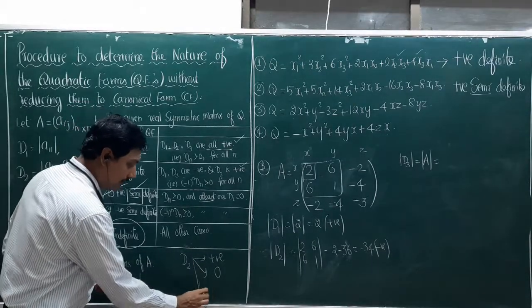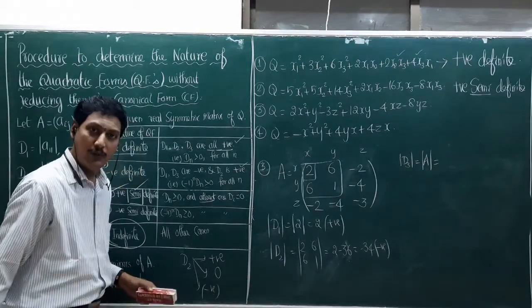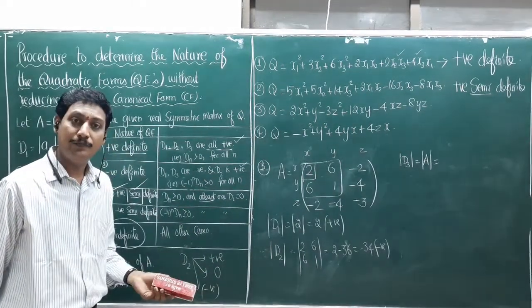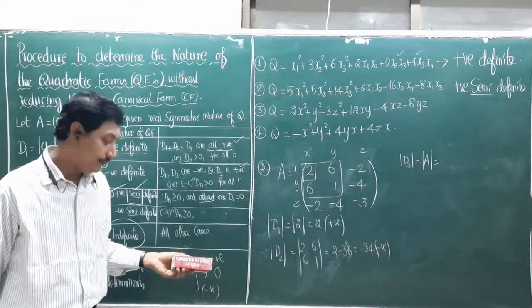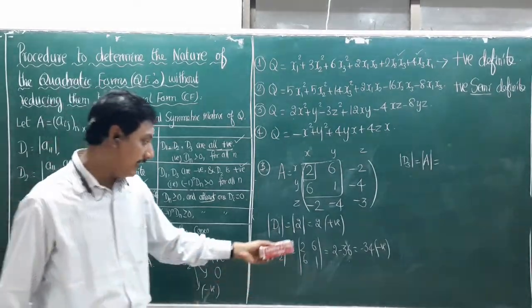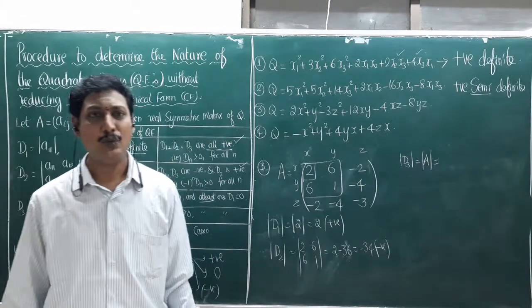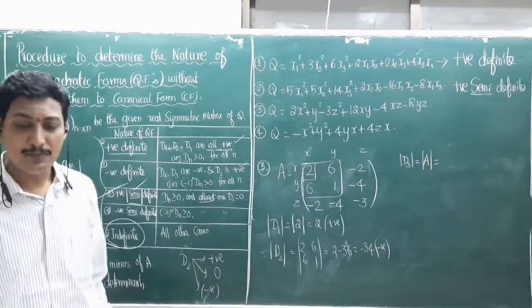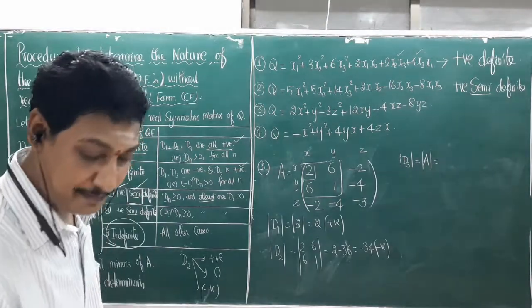Once D2 comes negative, what about D1 and D3? If D1 and D3 are also negative, that is negative definite. But once D2 comes negative, unfortunately here D1 is positive. So positive, negative. This is other than the above cases. So the answer must be indefinite.